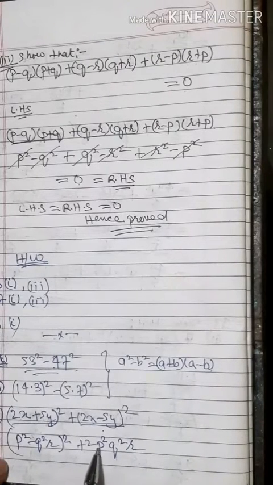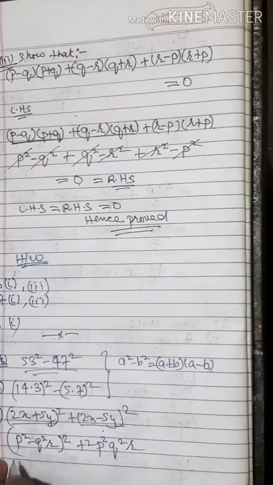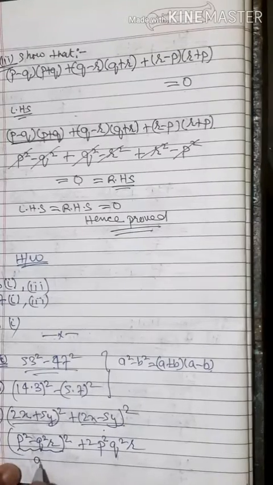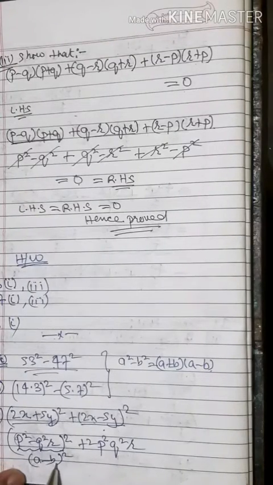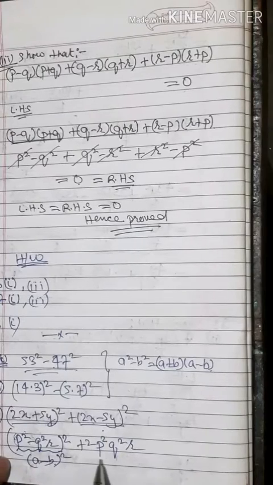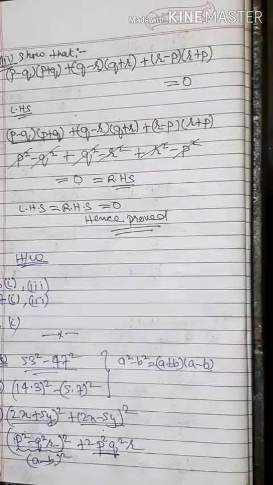Then write down the plus 2p square q square r and see whether this cancels out with any of the terms. Whatever is left over will be the answer. Your a will be p square and your b will be q square r.